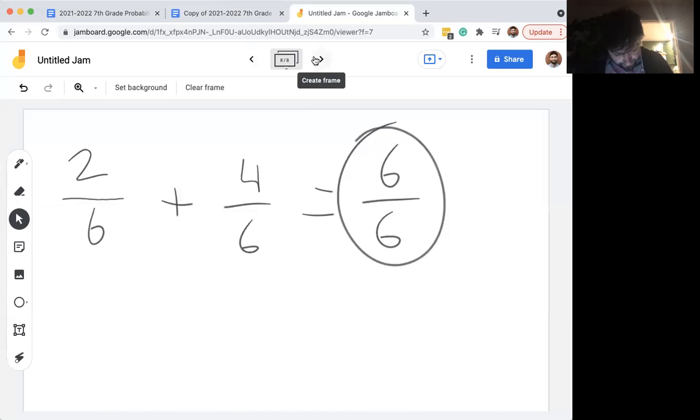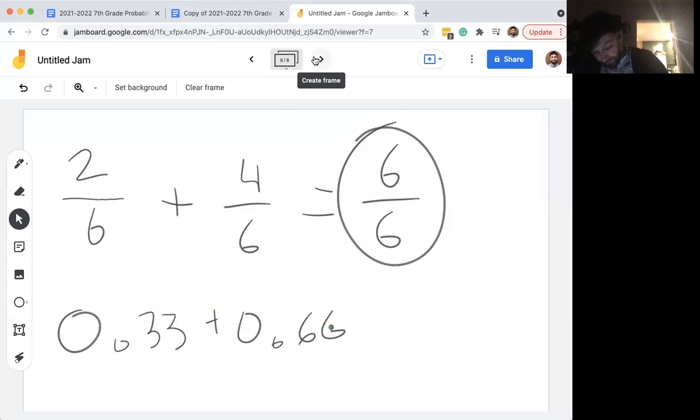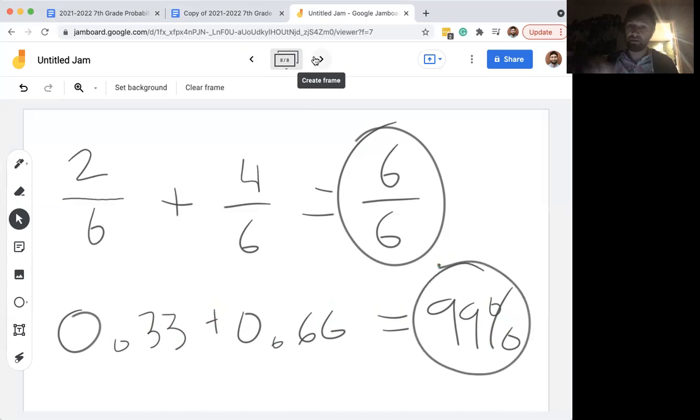And if we were to do it as 0.33 plus 0.66, which are decimals, it equals 0.99. This is a little tricky. This is why I like to use fractions usually for complementary events. It's only 0.99 because we round it. Since the 3s and the 6s go on forever, this is actually 0.333 plus 0.666.